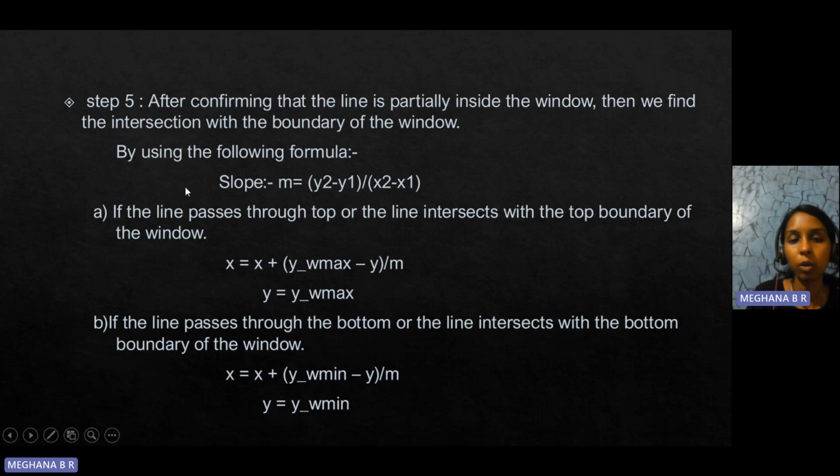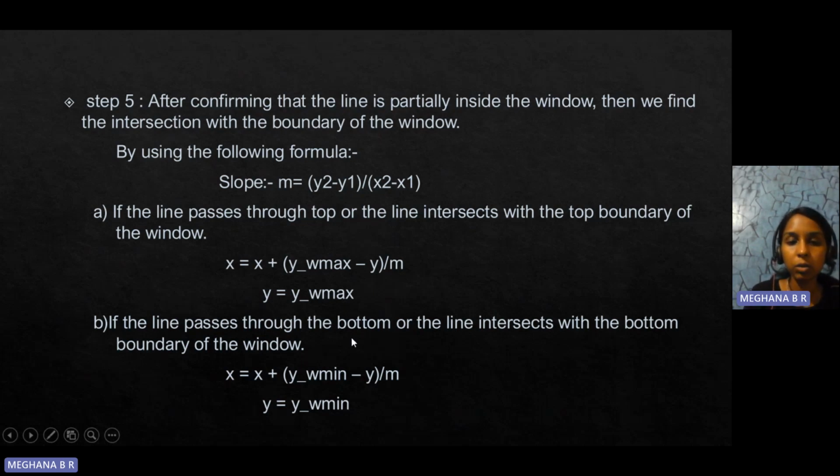That is done by using the slope formula, m is equal to (y2 minus y1) divided by (x2 minus x1). Then again we have 4 cases after considering the slope. If the line intersects with the top boundary of the window, then x will be equal to x plus (y max minus y) divided by slope, and y will be equal to y max.